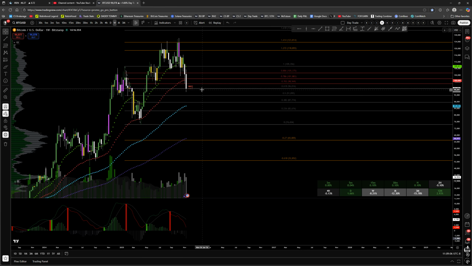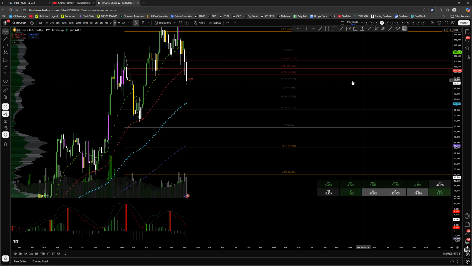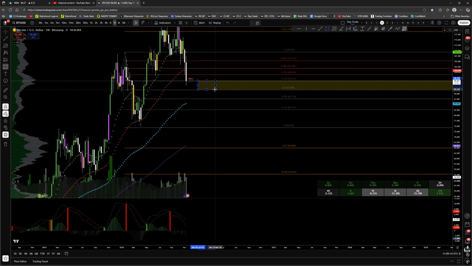But even at this level, at this 0.618 and 0.5, that's considered your golden zone right here. Anything between 0.5 and 0.618, you'll see a lot of times price will come back and retest these levels in a healthy trending market.